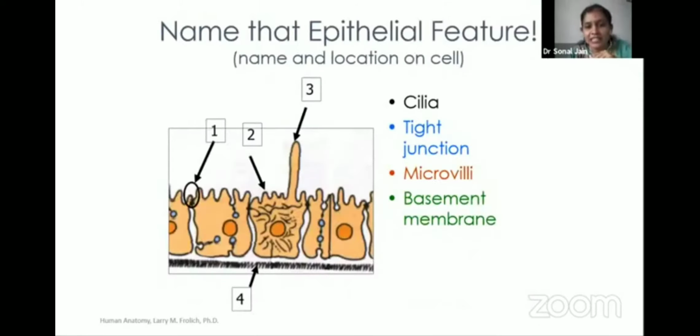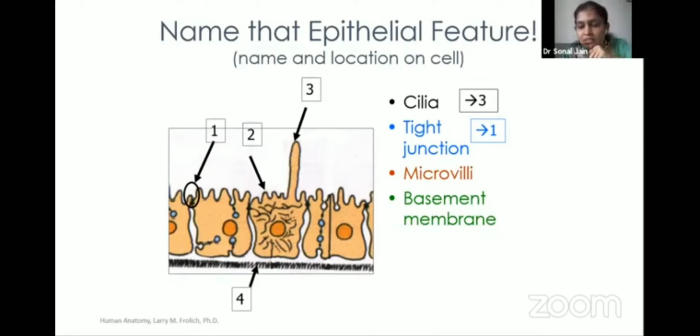So this epithelium has some basic structures. Can you see the first one? That is the tight junction, and this junction regulates the movement of nutrients. B is the microvilli, which form the brush border. They are tiny projections from the plasma membrane and they contain microfilaments.